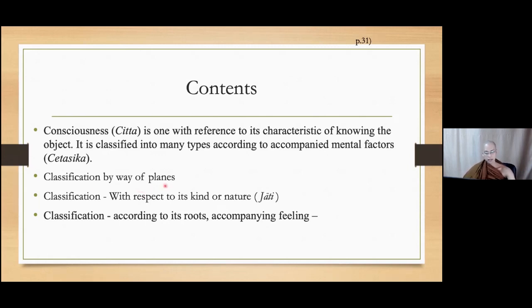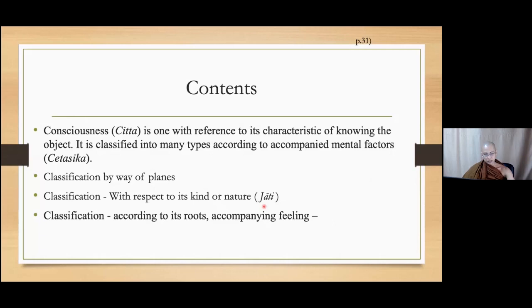We already studied the 31 planes of existence, so consciousness can also be classified by way of planes. And the second type: consciousness can be classified with respect to its kind or its nature, which is called jāti in Pali.